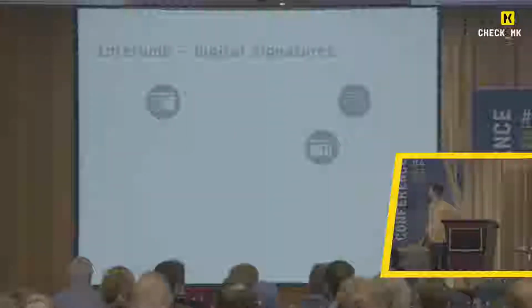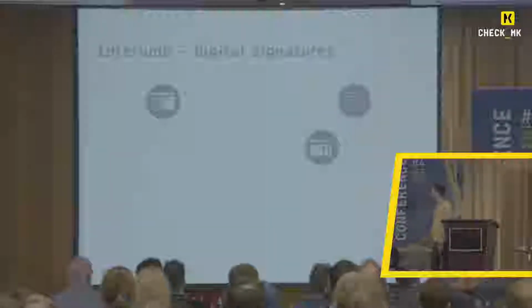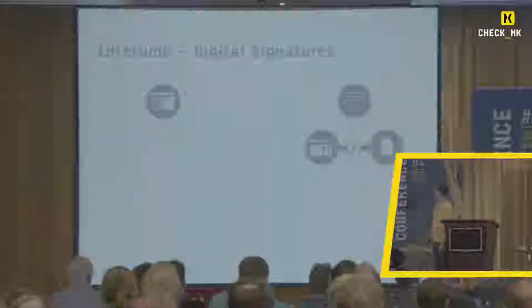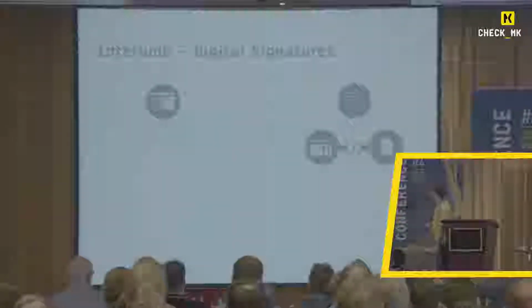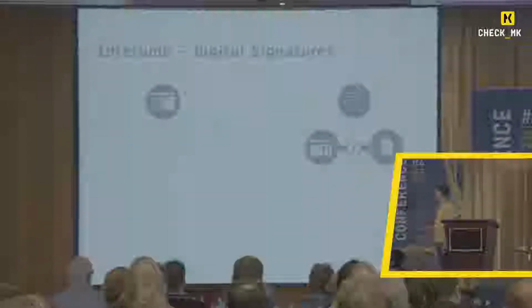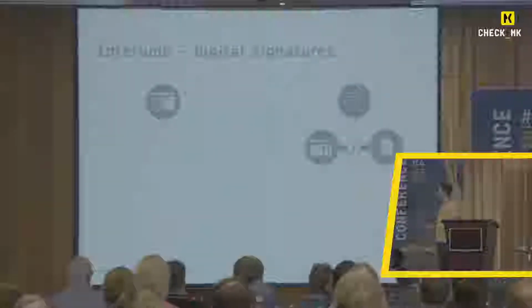So the basis of that is the digital signature. How does that work? Just so you know, the server now wants to verify an identity. That means it says, okay, I'm going to use this hashing algorithm, and you get a hash value as a result.